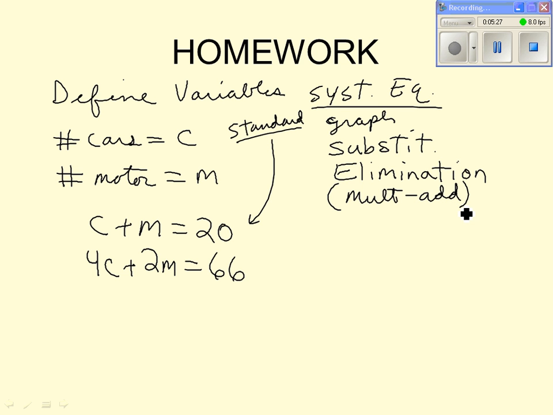Because you got to multiply by something, then you add them together. So, what do we do here to try to eliminate one of the variables? What would help us to eliminate the C's or the M's? How could you make the C's, let's do the C's, how could you make them the opposites of each other?